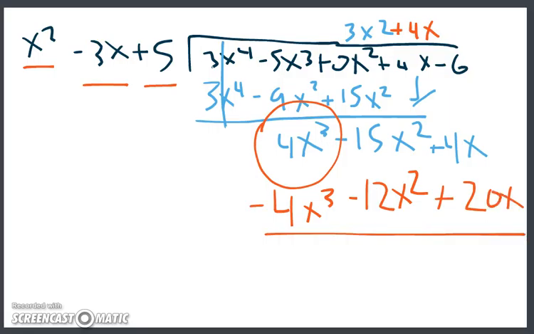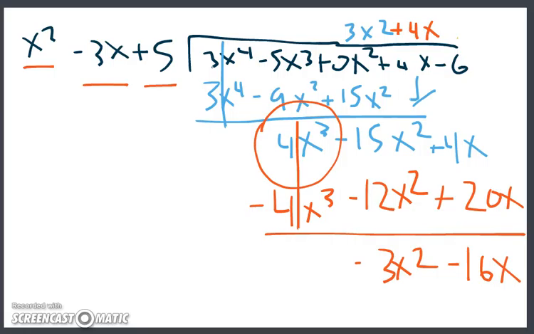Now you are going to subtract again, and the x cubed terms will cancel each other out. And then 15x squared minus 12x squared will give you negative 3x squared. And 4x minus 20x will give you negative 16x.